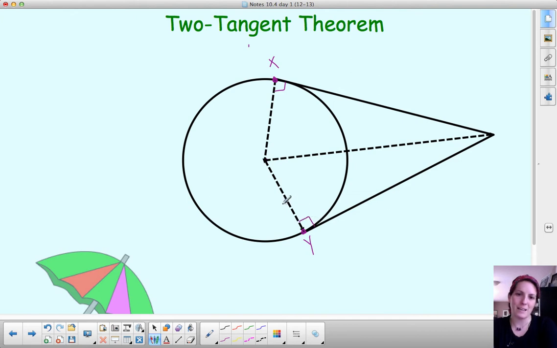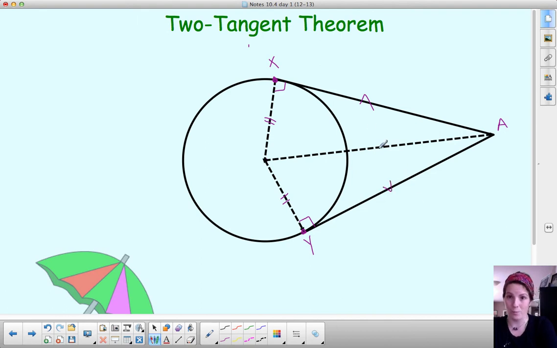Since they have radii that are obviously congruent, because all radii of a circle are congruent, and they have this shared hypotenuse, by hypotenuse leg, these two triangles are congruent, and AX then has to be congruent to AY.